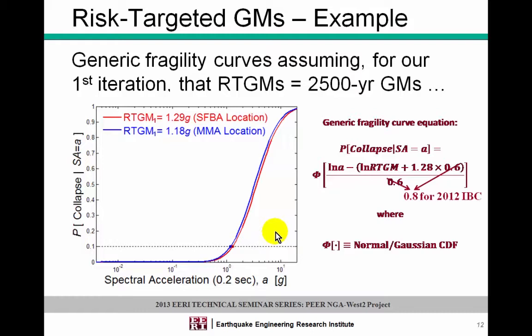The maps were done with 0.8, but by the time we said, well, probably 0.6 would be a better number to use, it doesn't make a huge difference in the MCER ground motion values. And so the maps weren't changed, but it was decided to go ahead and specify the better value of 0.6 in the site-specific procedure.